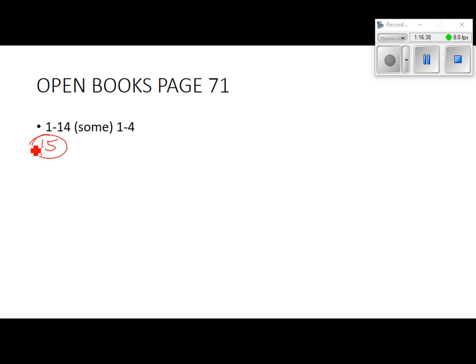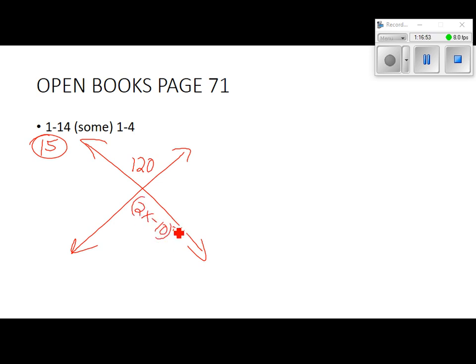Problem 15, they give us a picture, it looks like this. This angle's 120. This angle's 2x minus 10. Notice that they put it in parentheses just so they can put that degrees on it. Sort of unnecessary as long as you remember that angles are measured in degrees.